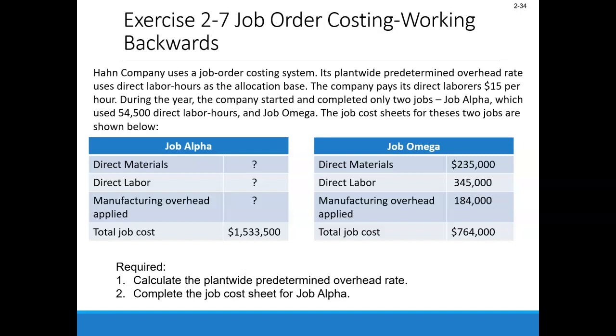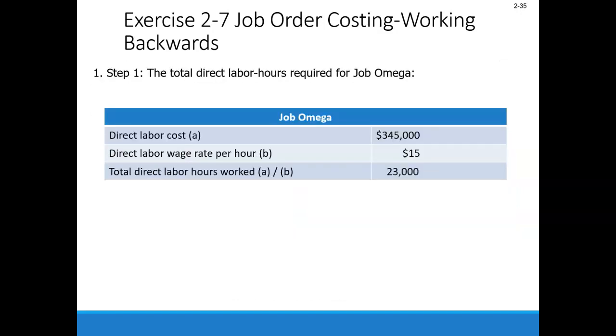Well, we can figure out the overhead rate because we see with Job Omega the manufacturing overhead applied, and we know direct labor hours as the allocation base, and we see the total costs of the jobs.